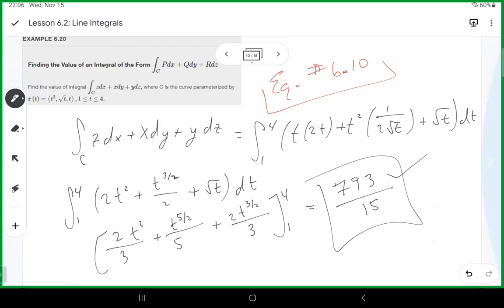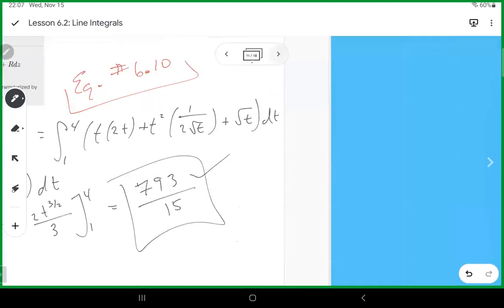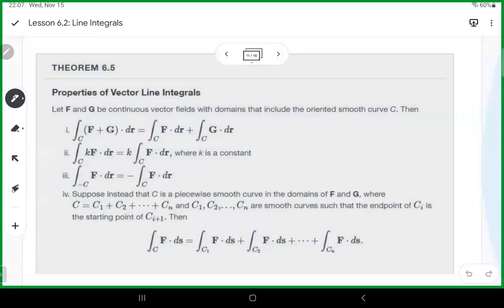And then you're going to have a theorem.